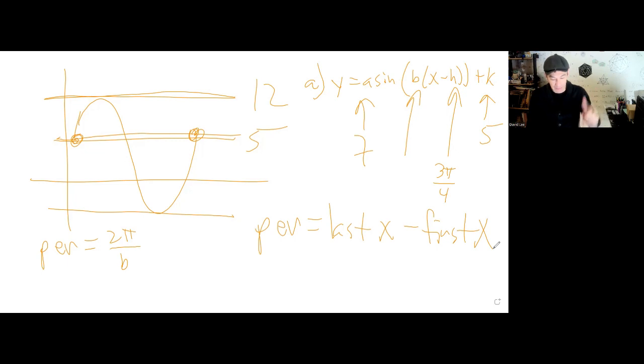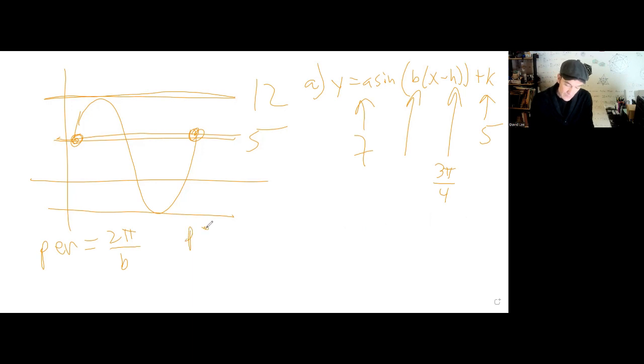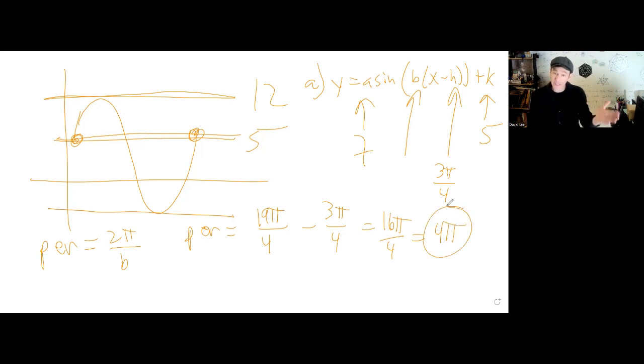So the period would be the last x-coordinate, 19 pi over 4, minus the first x-coordinate, which is 3 pi over 4. This gives 16 pi over 4, which is just 4 pi. That's the period.